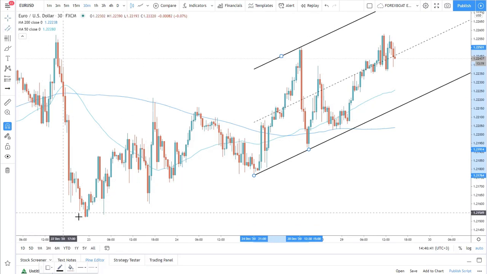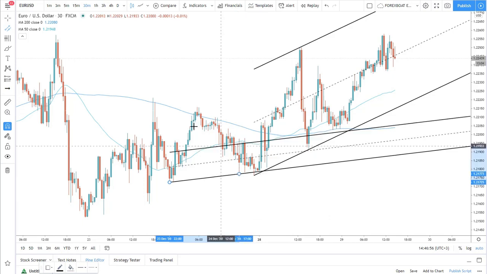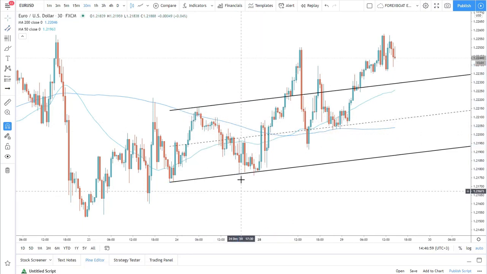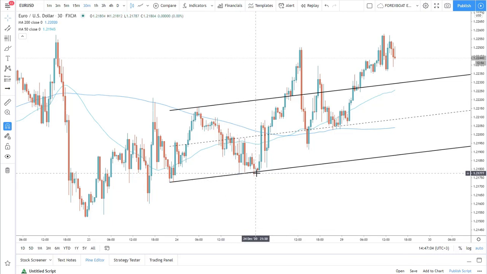It is very tricky to use them in that sort of condition, but this is exactly why I have chosen this example, because it's tough. It's not really what you see in a perfect case scenario. So I would use these 2 points and the highest point in between them. I use this low because, as I have explained previously, this is the initial low. There was no breakout. So I used this low, and these are the 2 points.